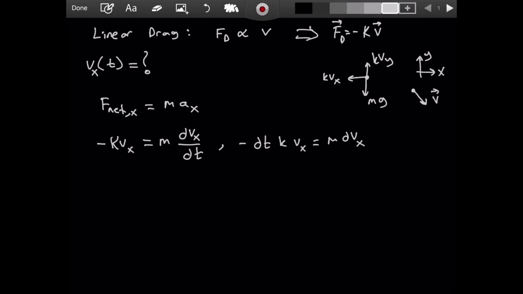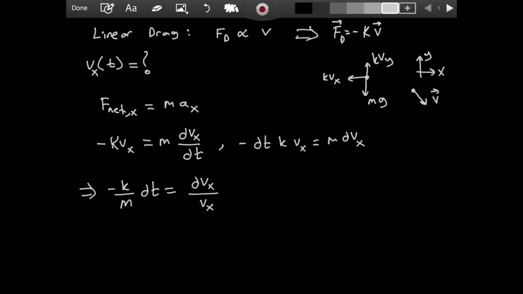Now I will divide both sides by m and by vx to get, let's see, we will get negative k divided by m dt is equal to dvx divided by vx. Alright? This is the differential equation that we want to solve.